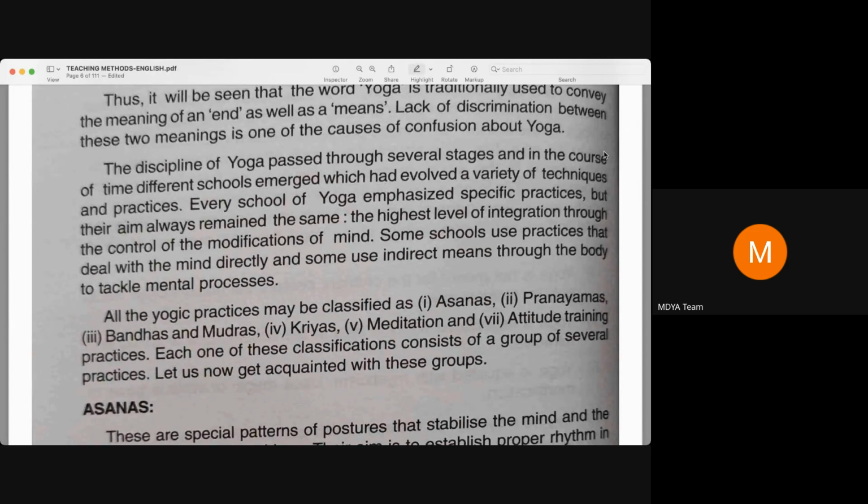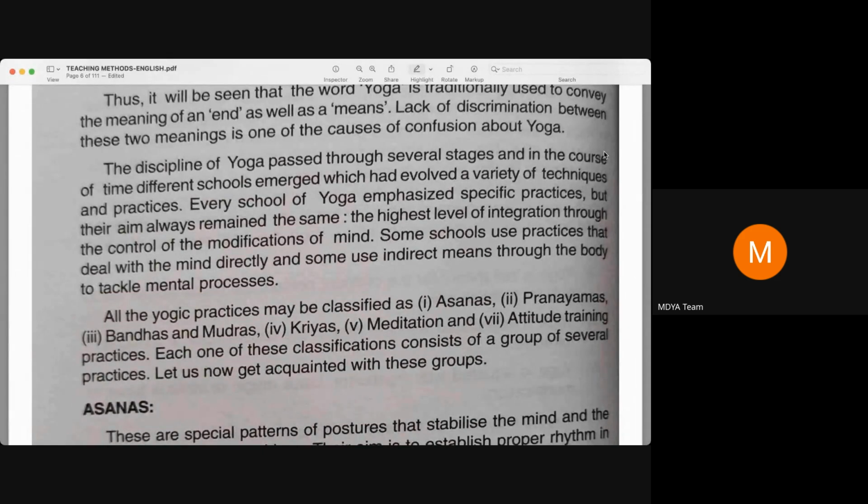So these are the six practices. Now you should remember these six practices with their sequence. This is an important thing. The question may come: what is the sequence? What are the yogic practices? So you should remember the sequence: asana, pranayama, bandha mudras, prayas, meditation, and attitude training practice.